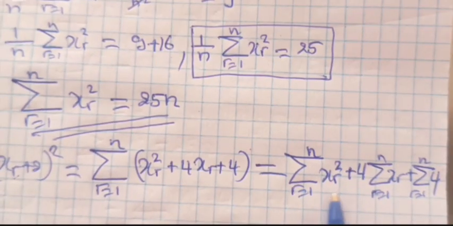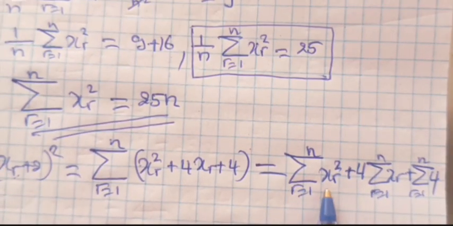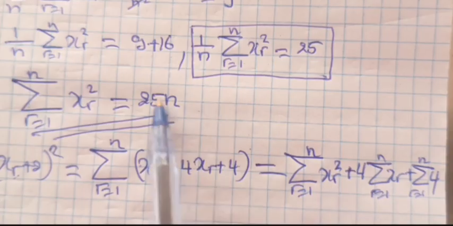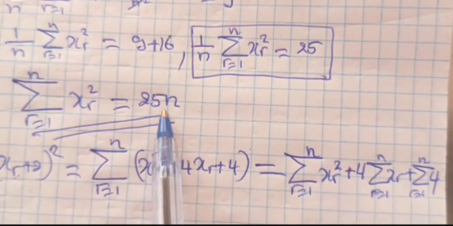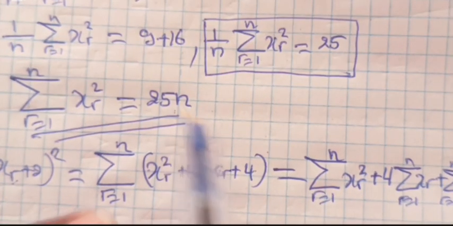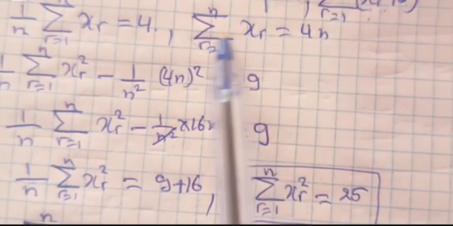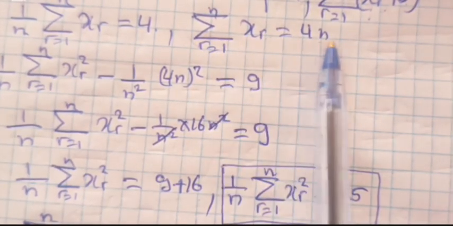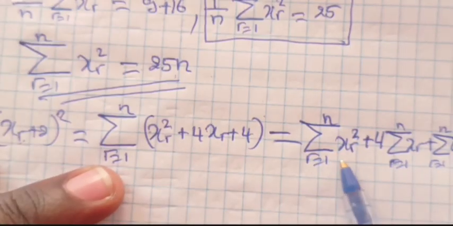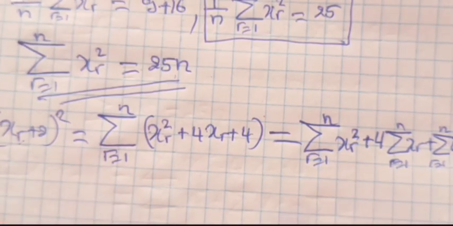Do you remember that the sum of xr squared is 25n? Do you remember that the sum of xr here is 4n? We need to replace this by 25n.